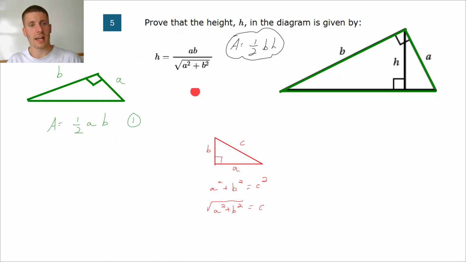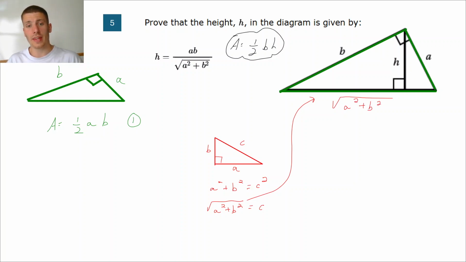So this is the same thing as this, which is going to be the longest side in my right angle triangle. So I can say that this root a squared plus b squared is this side here, the side down here.